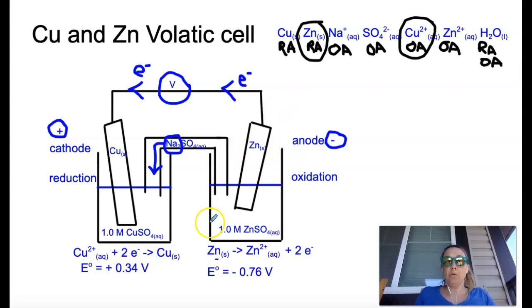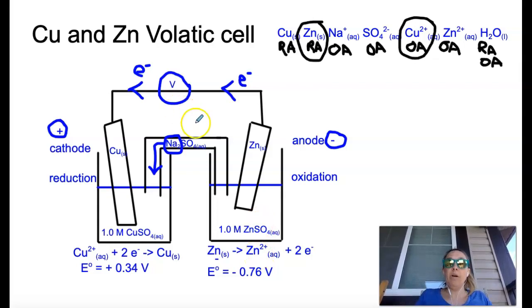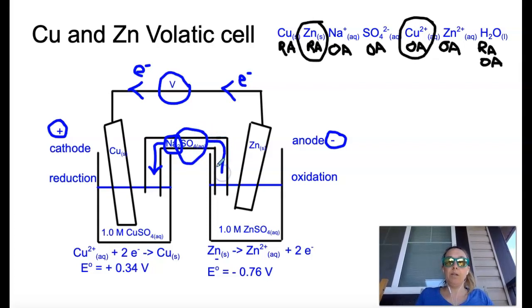Then over here in our other beaker, we had the same starting position, where we had equal positive and negative charge because we had a 1-to-1 ratio between zinc ions and sulfate ions. But as this reaction occurs, solid zinc turns into zinc ions. So we're increasing the amount of positive charge inside of this beaker. We haven't changed the negative, but we've increased the positive. Because of that imbalance in charge, where now we have more positive charge, it's the negative, or the anion, that is going to be attracted into this beaker.